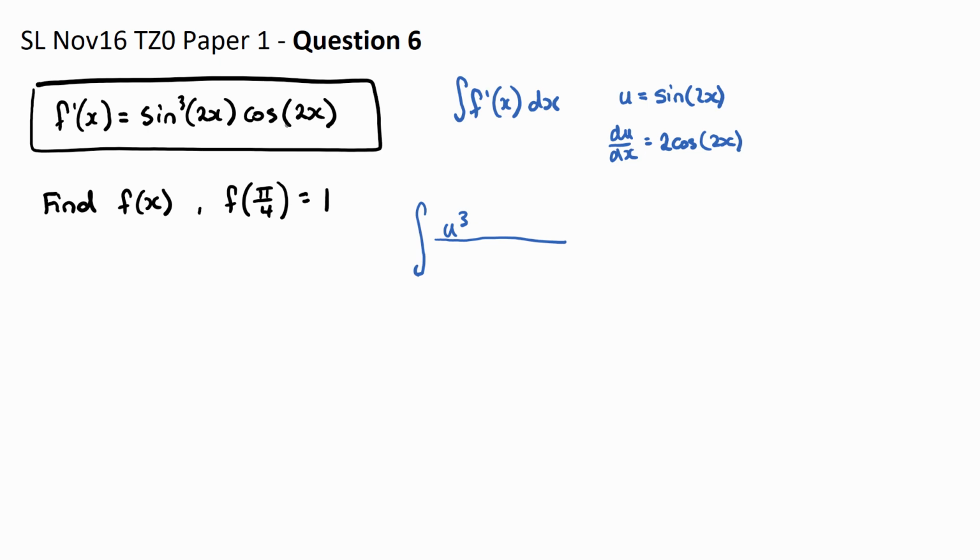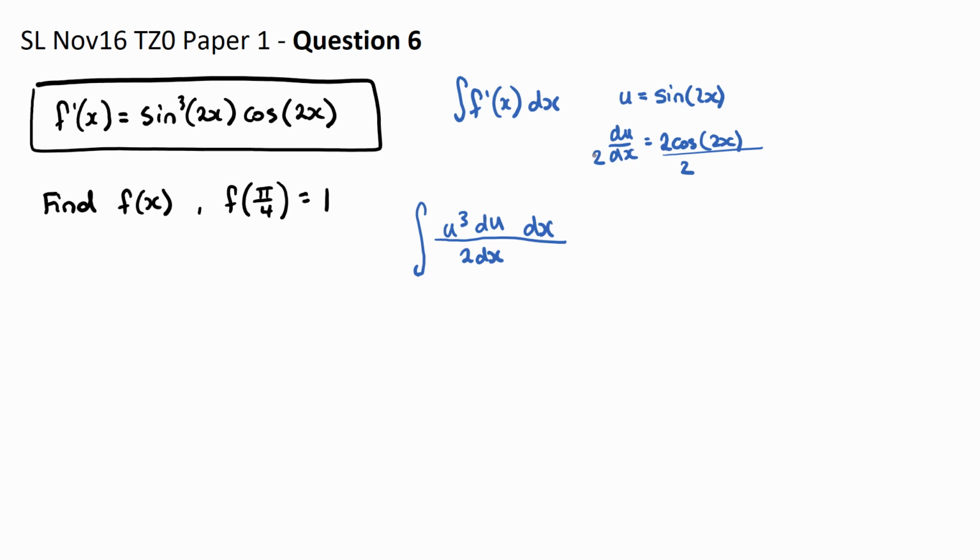Now, cos 2x, I can replace with du/2dx. Because if I divide 2 cos 2x by 2, it just becomes cos 2x, which is what this is. So I'm going to replace it with du/2dx. And then I have my dx at the end whenever I'm integrating.